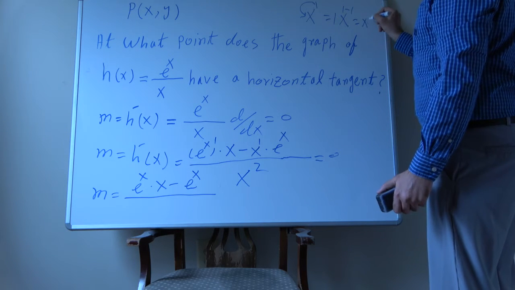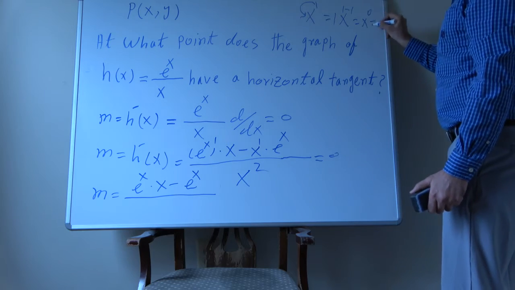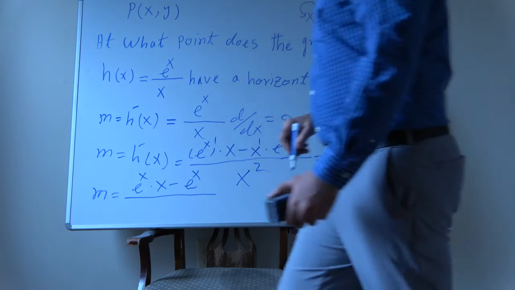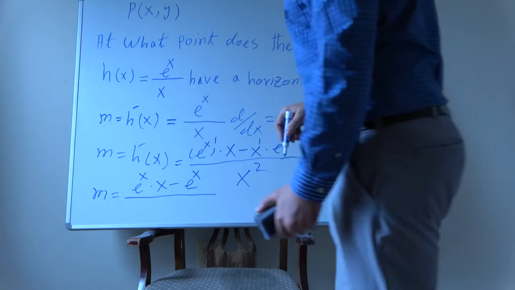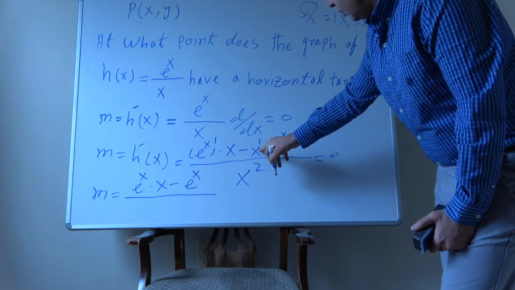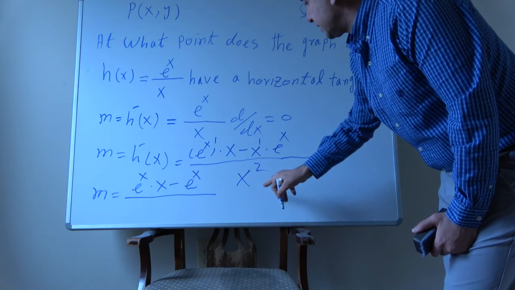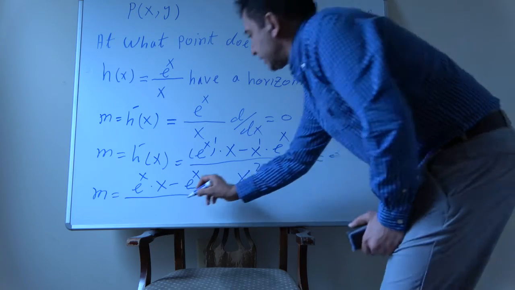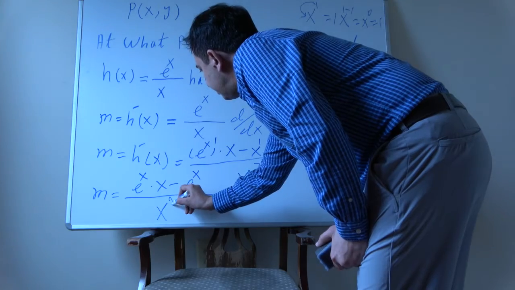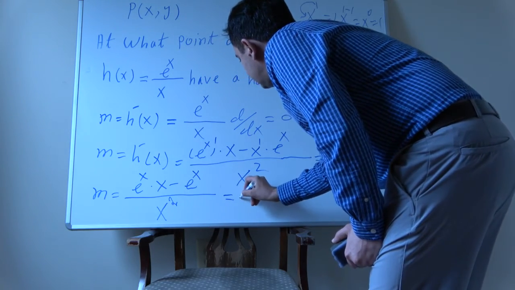x to the power of 0 is 1. So 1 multiplied by e to the power of x is e to the power of x, divided by x squared, equals 0.